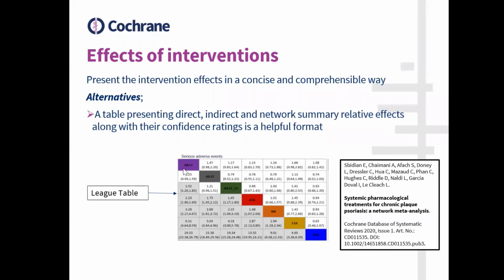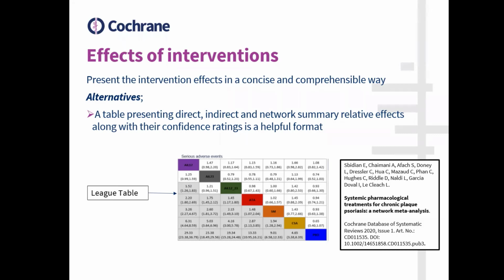So this shows you a league table. It's got the different interventions that are color-coded here, and then the effect estimate here. So this 1.25 with the confidence interval 0.99 to 1.59 is comparing this purple intervention to this grey intervention. Sorry, I'm not sure what the abbreviations are for. And this is just for one outcome. So here it's serious adverse events. And I'd say as well, it's important to note what the effect estimate actually is.